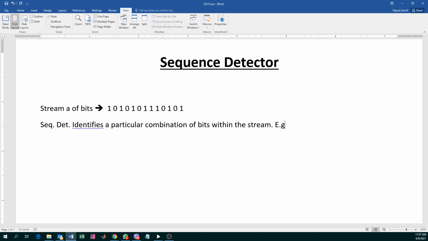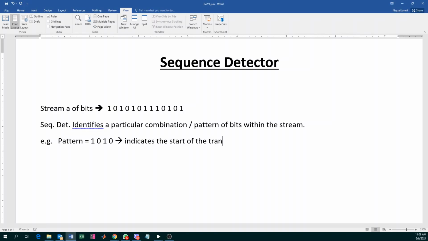So for example, let's say your particular bit pattern was 1010, and this particular pattern indicates the start of the data packet, the start of the transmission.